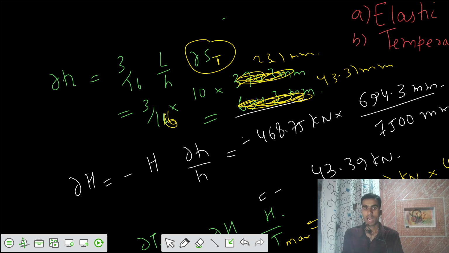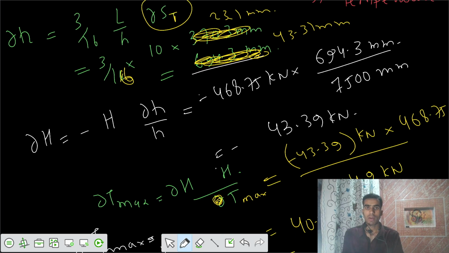Because of that change in sag, I substitute that value here, 43.31 millimeter. Because of that, I get a change of horizontal tension, negative times this value, which comes out to be minus 2.71 kilonewton.